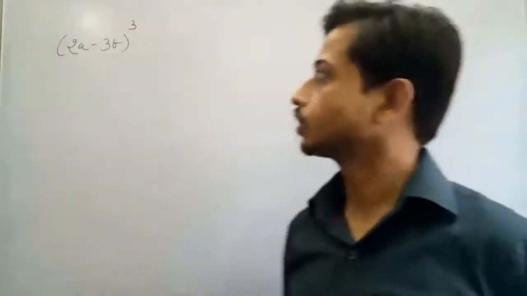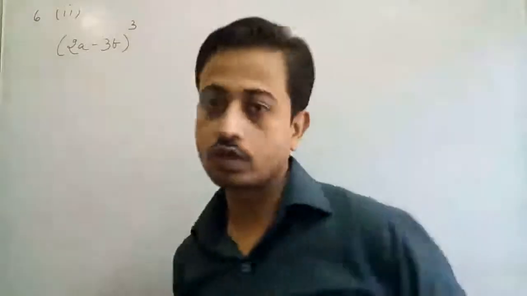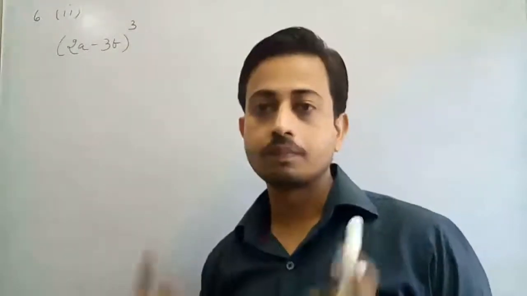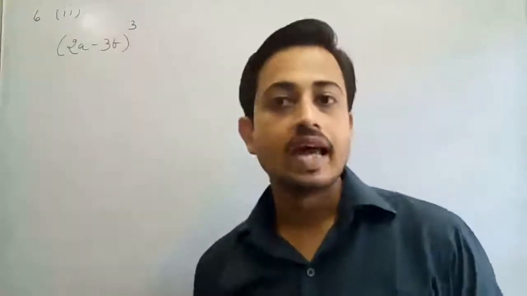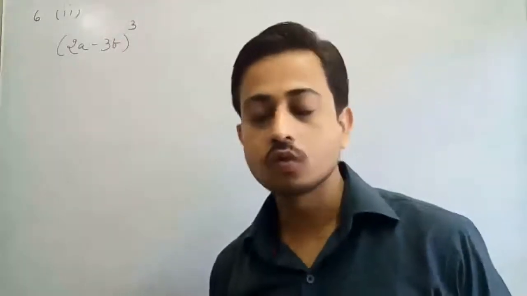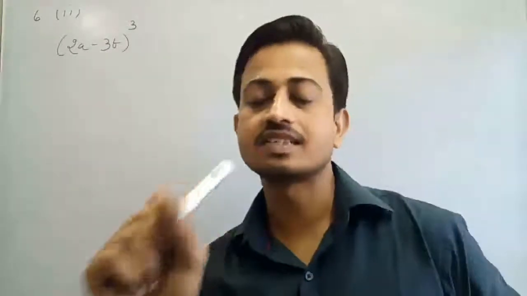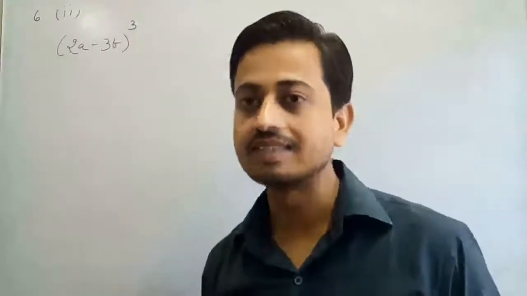Now look at question number 6, part 2. It is very similar, whole cube, but the difference is what? In the previous question it is (x plus y) whole cube, but in this question it is (x minus y) whole cube. So it's very similar. You simply have to change the sign, positive to negative, nothing else.